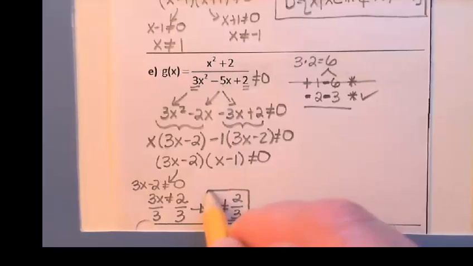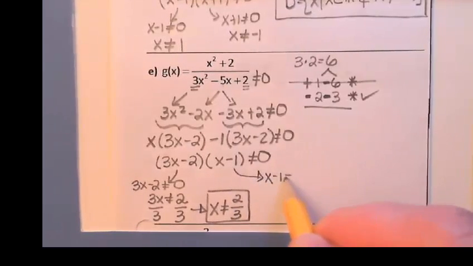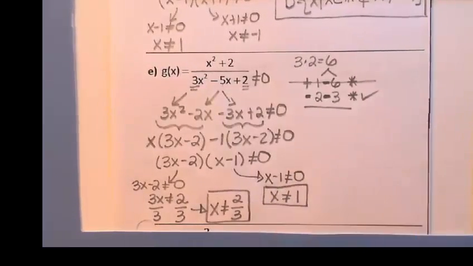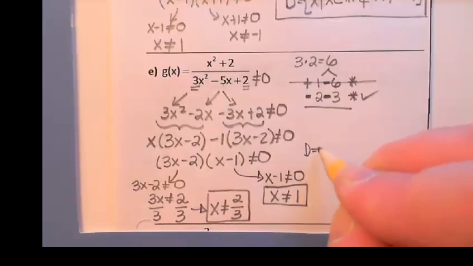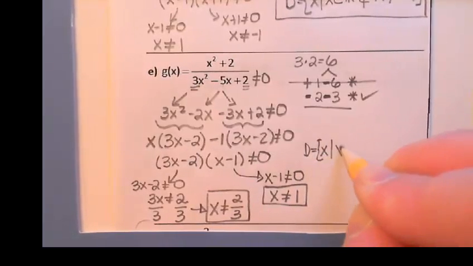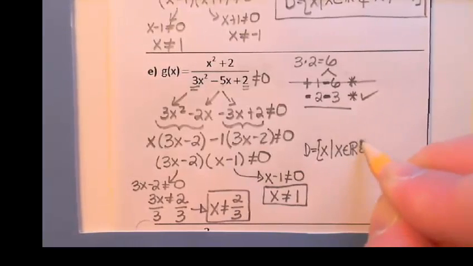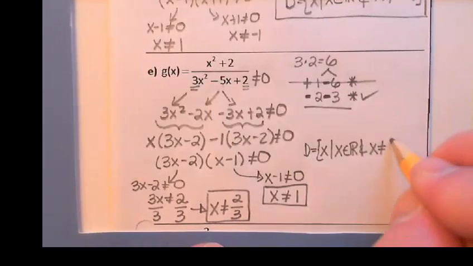Alright. Then we're going to do the same thing over here. x minus 1 must be different than 0. And x must be different than 1. Alright. So now let's write our domain. Domain is x such that x belongs to all real numbers and x must be different than 2/3.